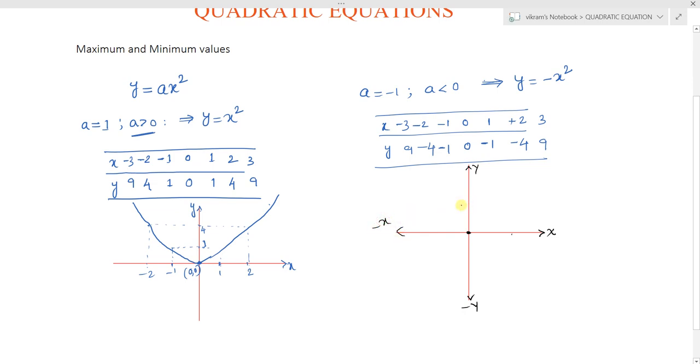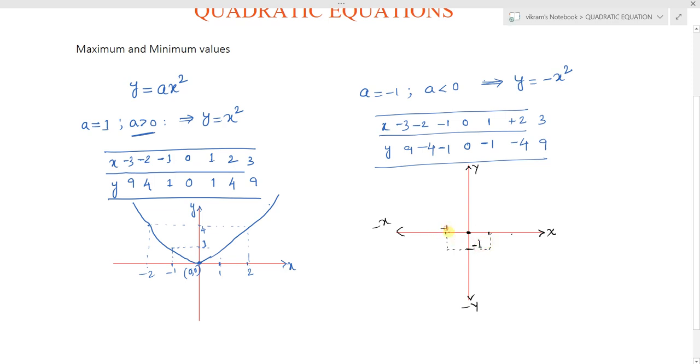If x equals 0, we obtain 0, and if x equals plus 1 or minus 1, we obtain the value as minus 1.